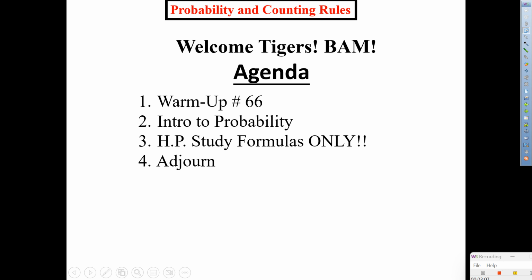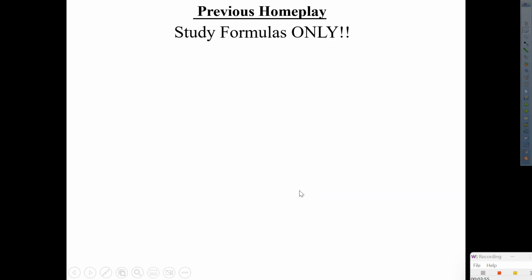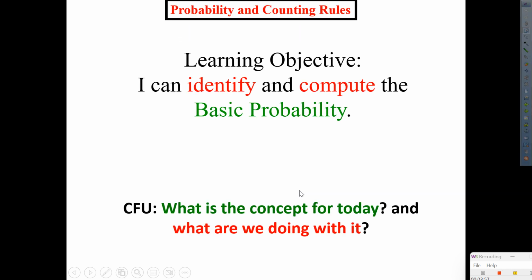Okay? All right. With that said, all right, let's get a Cornell note ready, please. Our objective for today, I can identify and compute the basic probability. Basic probability. All right, so once again, I can identify and compute the basic probability.